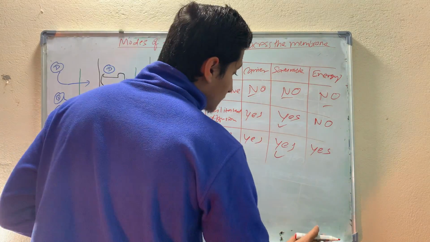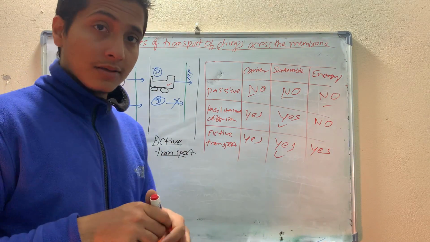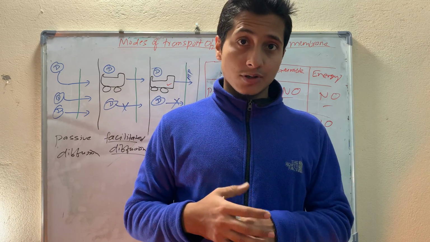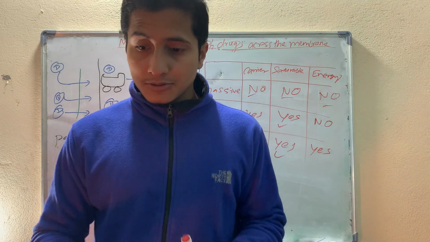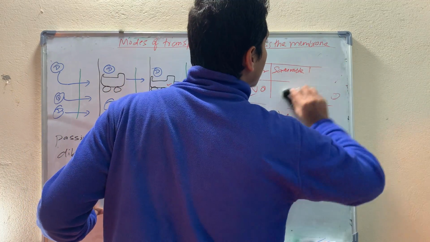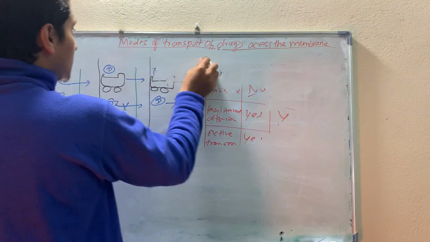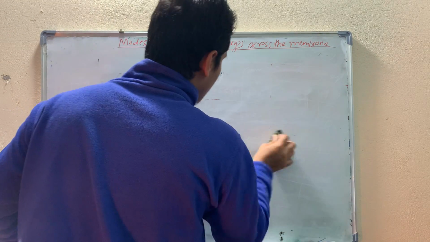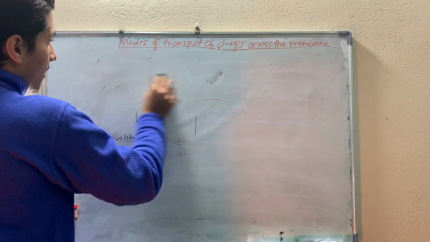Now, let's suppose in the question they may ask you the mode of transport of a drug. If they ask you the question, how do you get to the answer? For this, let me draw a chart.